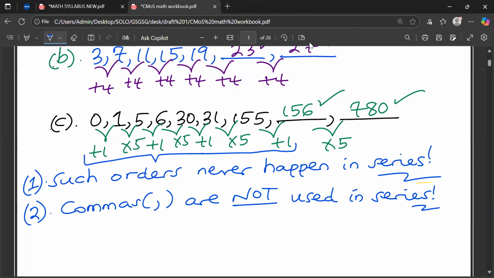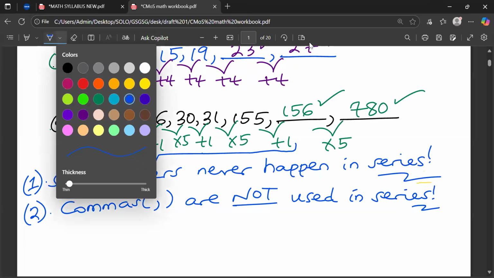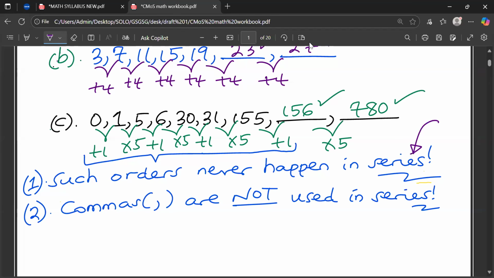So before I even begin on one part of the series, I'm going to begin with which orders are really used, and then later I bring on, if commas are not used, then what do we use?